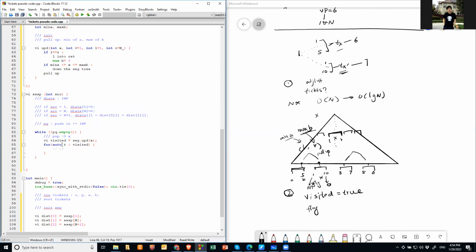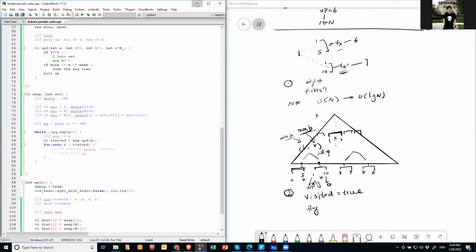Basically, if it's a smaller distance, then you update the distance, right? And then you push to the priority queue, right? So the standard Dijkstra stuff. So that's basically for today.